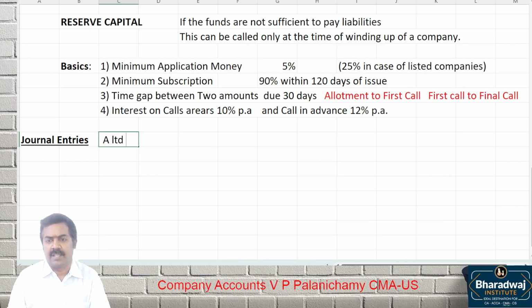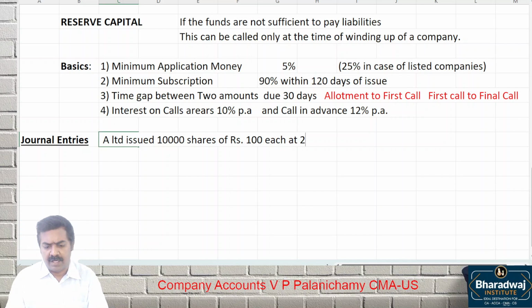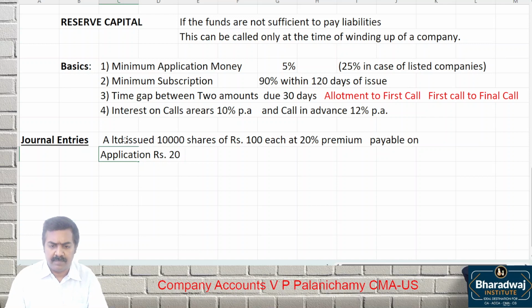Take up this example. A Limited issued 10,000 shares of rupees 100 each at 20% premium, payable on application rupees 20, allotment rupees 50 including premium, first call 30 and the final call 20.